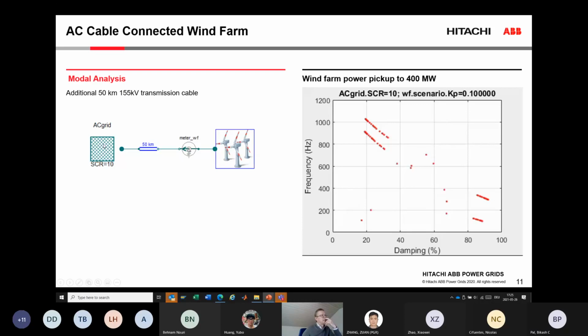What I didn't show in my slide is that if you change here the grid strength of the AC grid, the stability of the wind turbine control is very sensitive to the short circuit ratio in this end. And what they experienced there was a weakening of the transmission grid. And now I don't have the details about that, but I can guess that they came outside the range they have considered in the tuning.